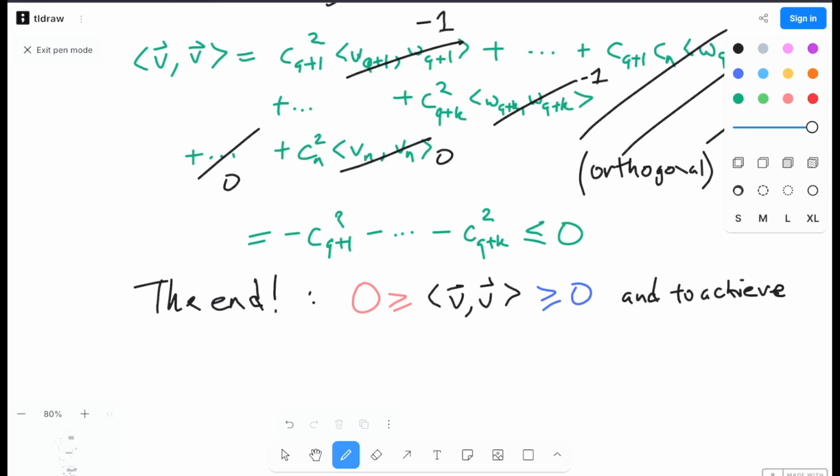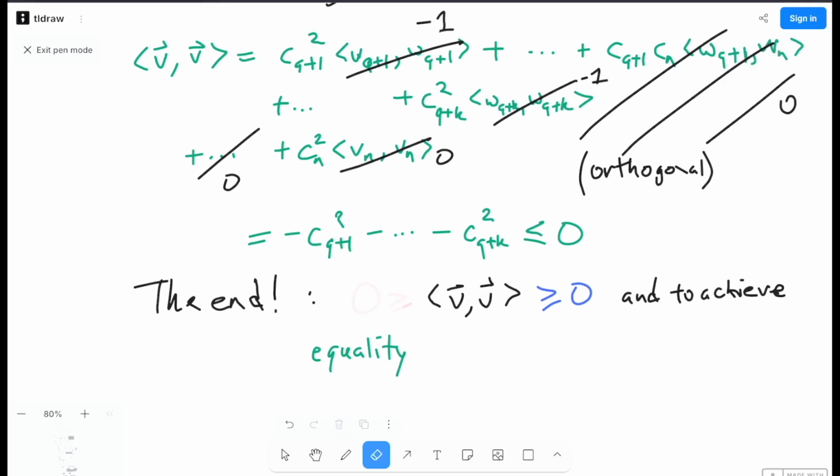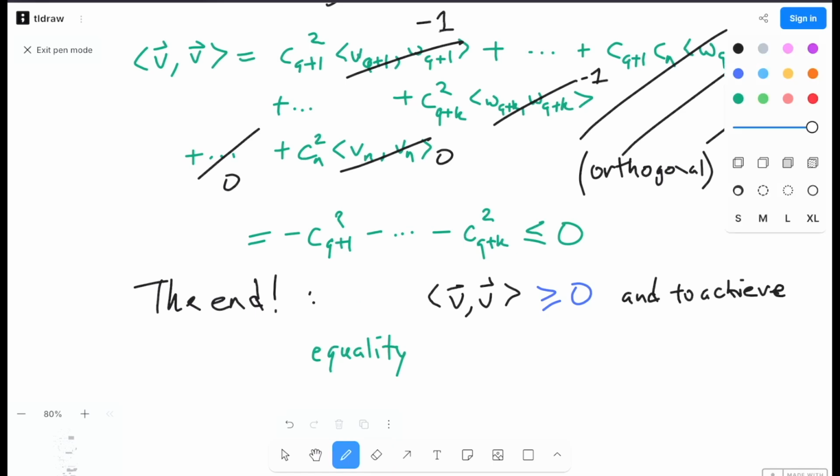So to achieve equality here, which we must, since this quantity has to be 0, we have to have equality on the green side. But in order to get a negative sum of squares equal to 0, the only way to do that is to have each of the individual pieces be 0.